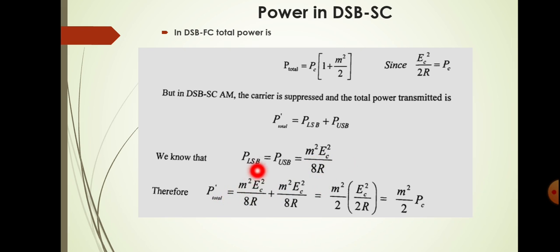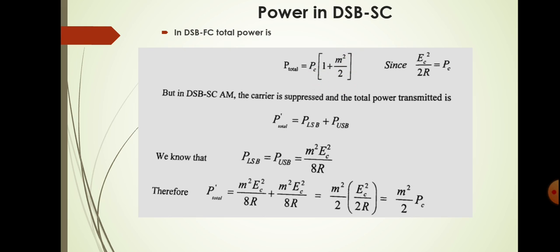So when we are finding P dash total, we will get m square EC square by 8R into 2. That will be equal to m square EC square by 4R. Here we can separate m square by 2 and EC square by 2R, and you know that this term is PC. That means in the case of DSB-SC signal, the total power will be m square by 2 into PC. But in the case of double sideband full carrier system, the total power will be PC into 1 plus m square by 2.